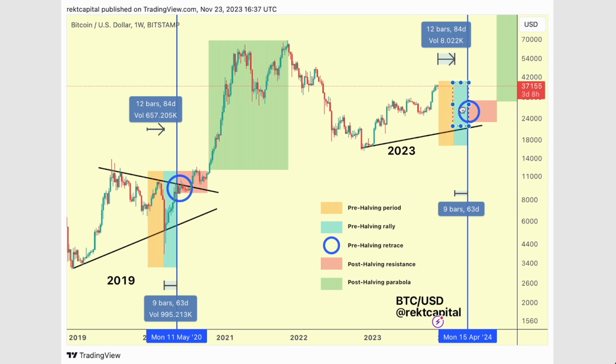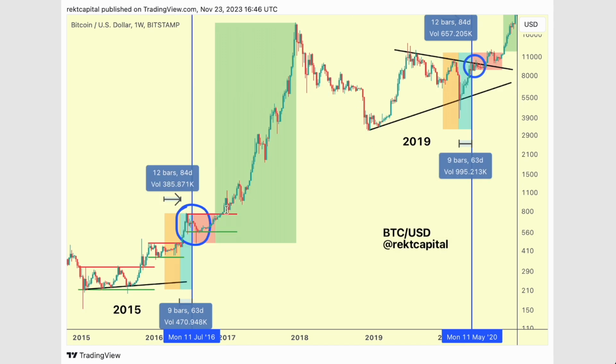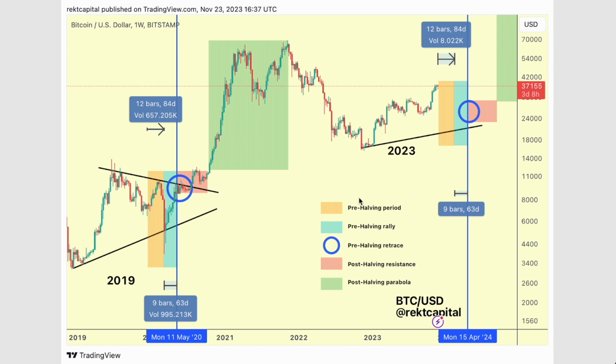And then the pre-halving rally, later on the pre-halving retrace in this 2019-2020 cycle, a minus 20% retracement, minus 38% retracement in 2016. And in 2016 we developed a sideways range once again during the post-halving resistance period, so the reaccumulation period, which will be somewhere around here.